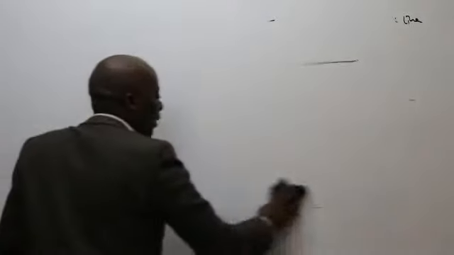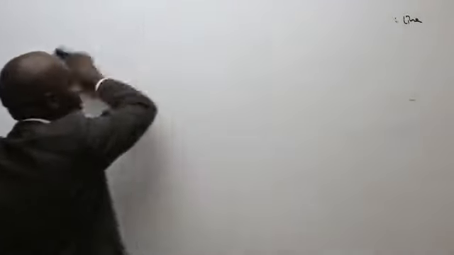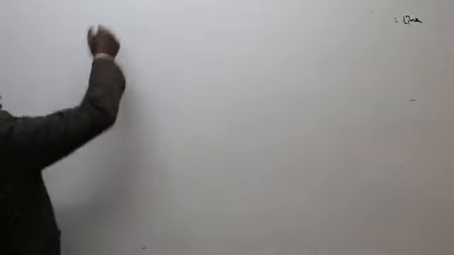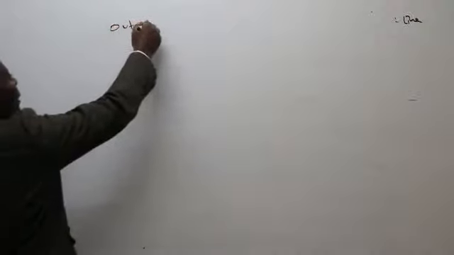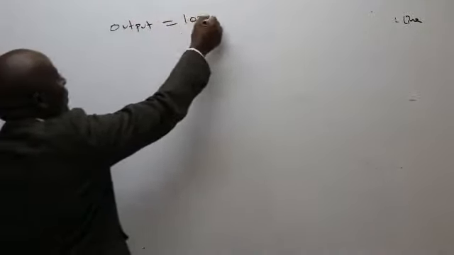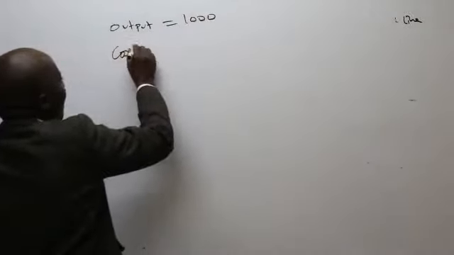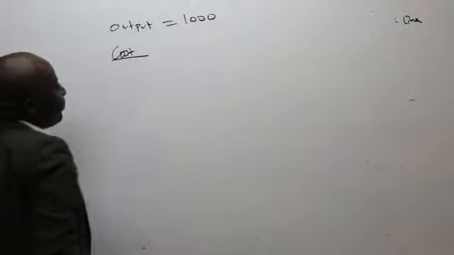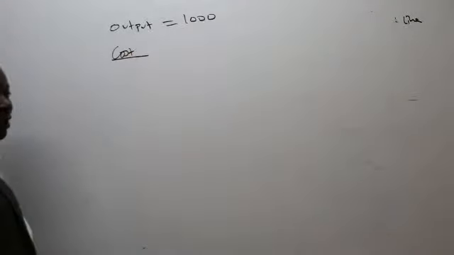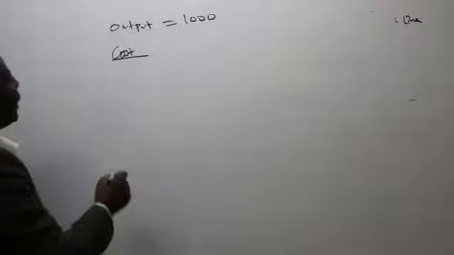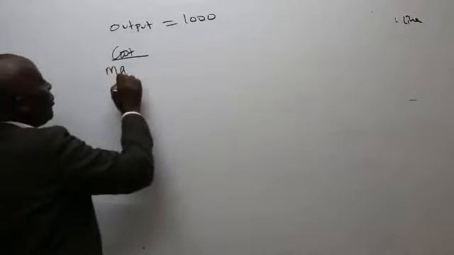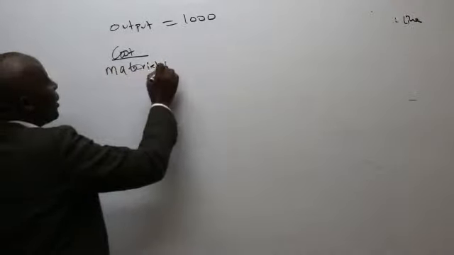Consider the following information. The output was 1,000 units. And then we have the costs, of which we shall begin with material cost.